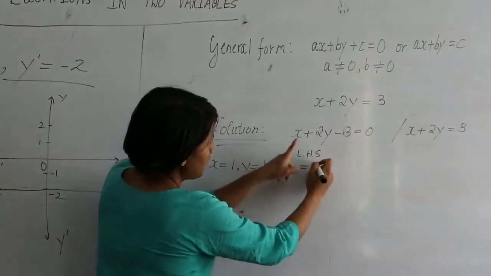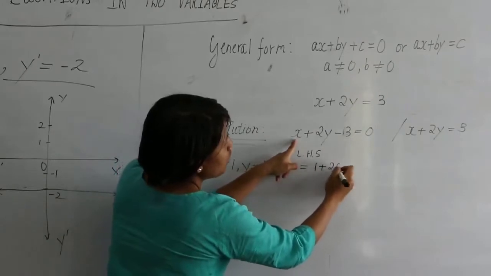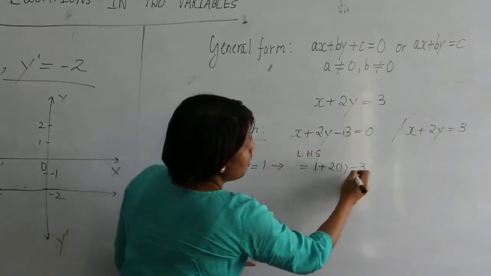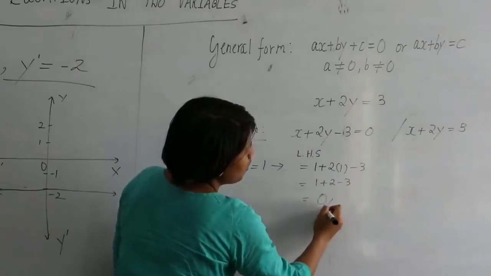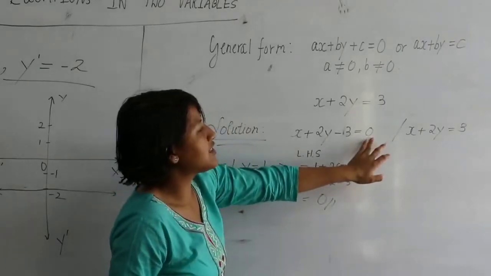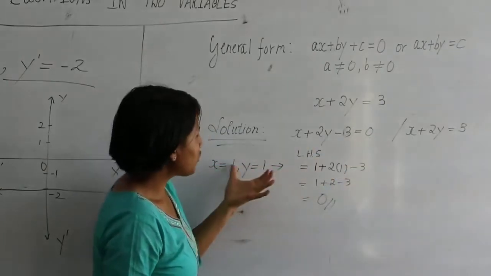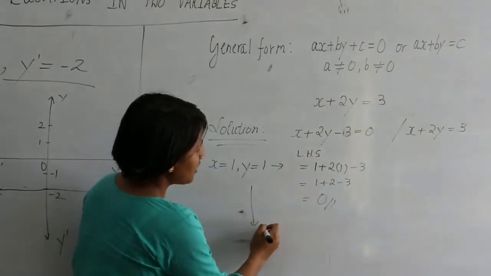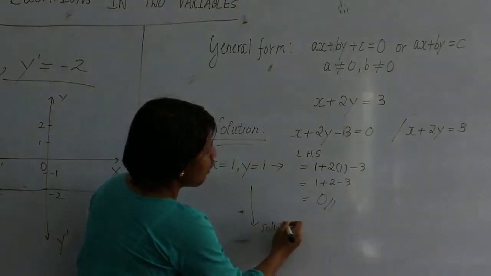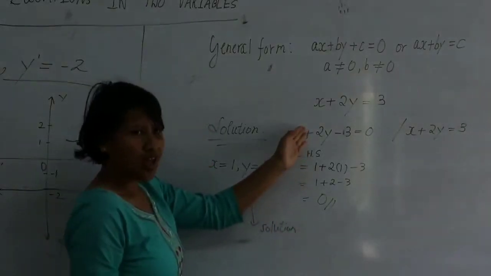In place of x you put 1, in place of y you put 1. Now what do you get? You will get 0. So what is there in the right hand side? It's 0. So what can you conclude? That x equal to 1, y equal to 1 is a solution of this equation.